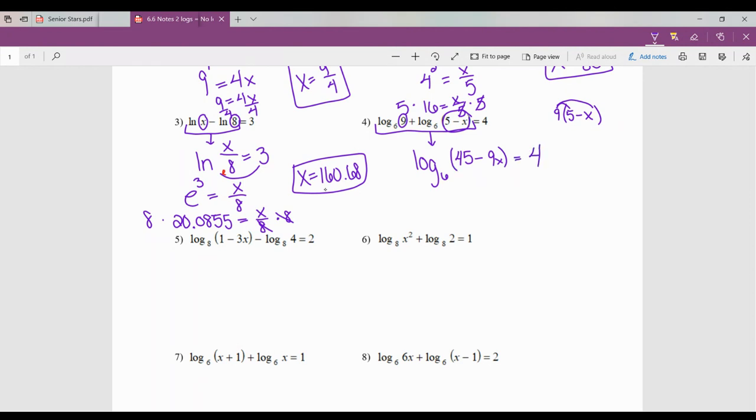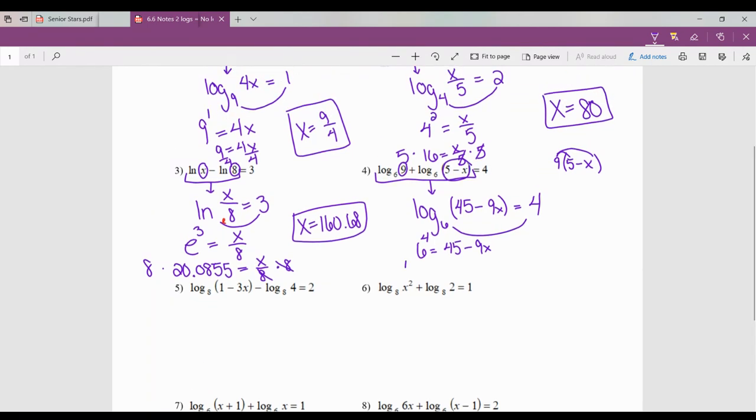Now I swoop: 6 to the 4th equals 45 minus 9x. So 6 to the 4th is 1,296 equals 45 minus 9x.